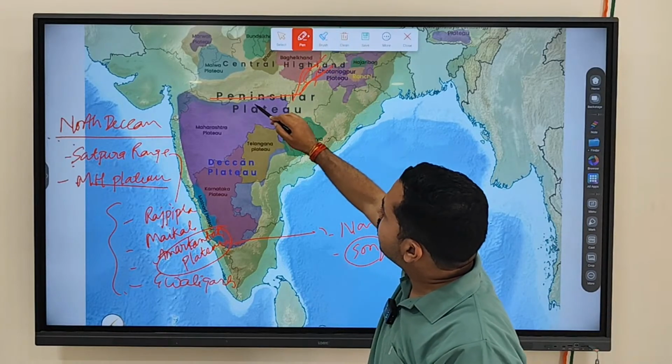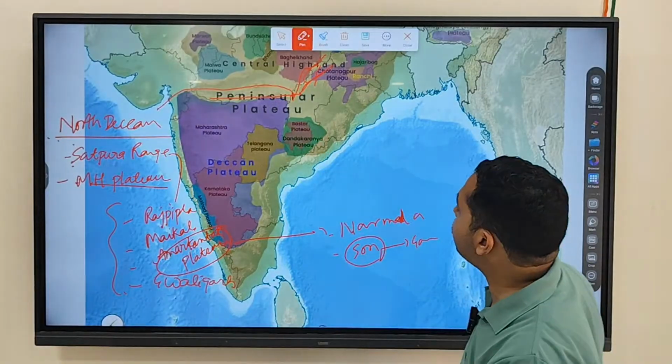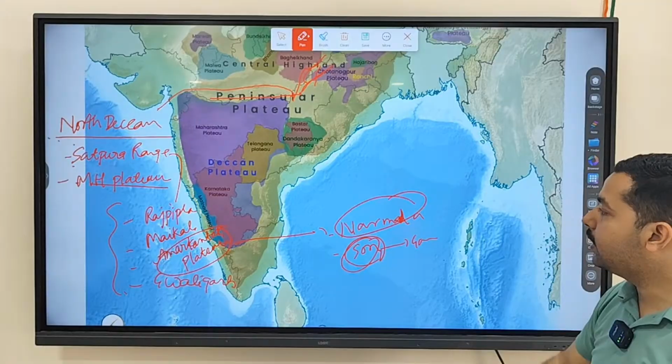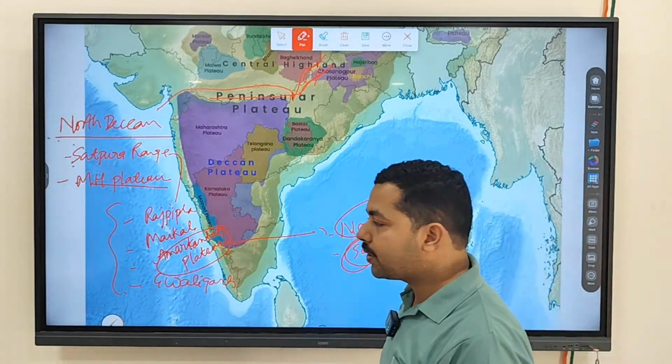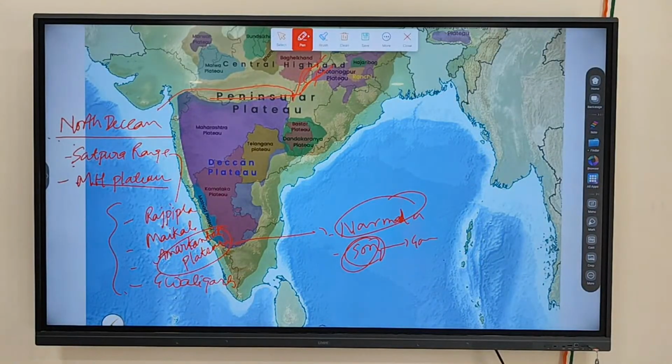So Son is moving like this and Narmada is moving like this. So it is the source of two major rivers, Narmada and Son. Son is a tributary of Ganga, while Narmada moves towards the western side. So both have their source in the Amarkantak Plateau. Clear?